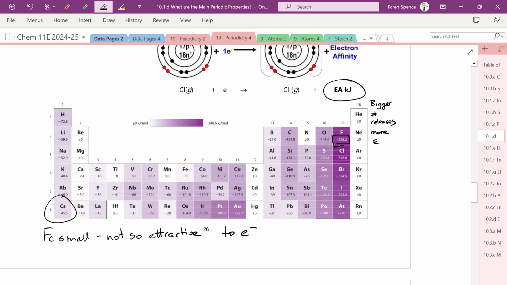Are you going to release more energy or less energy? Less. But up here, Coulombic attraction is big, so we release more energy when we grab an electron.